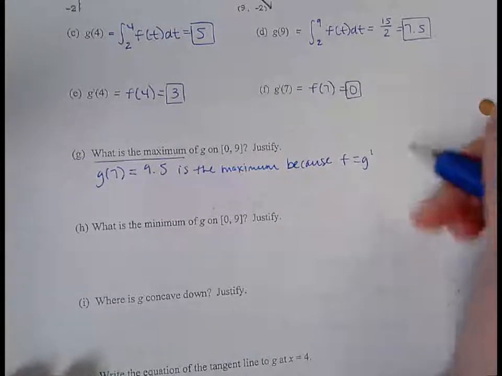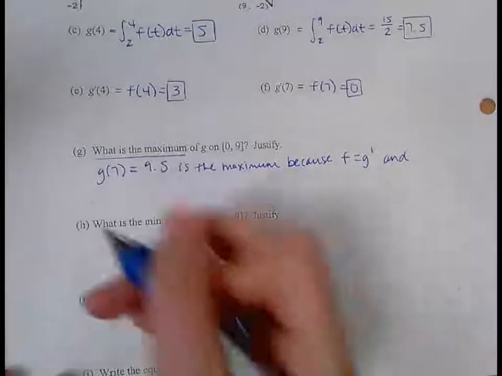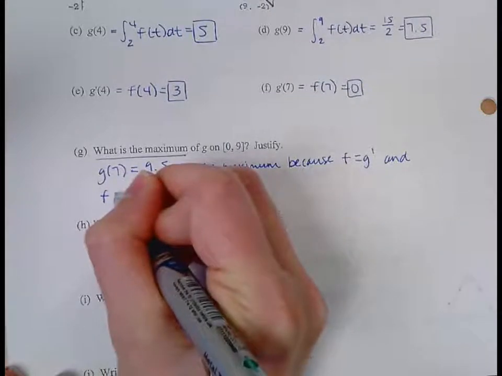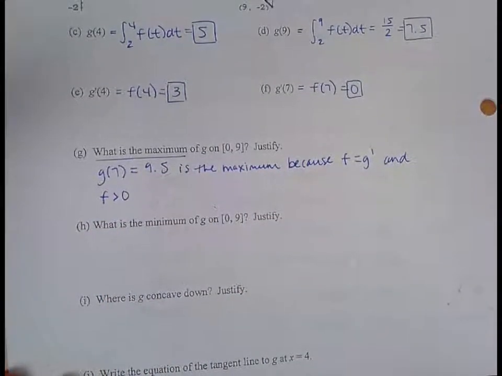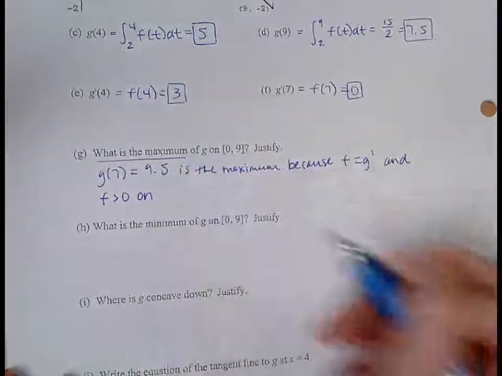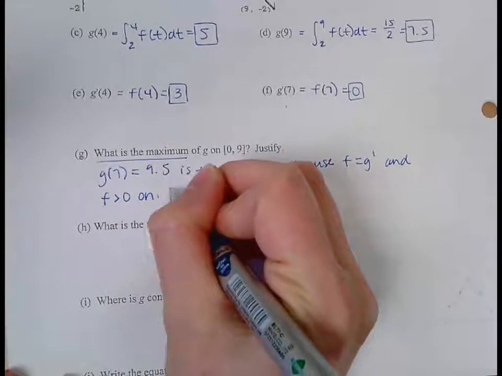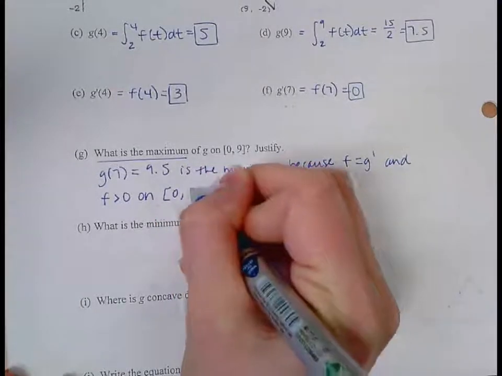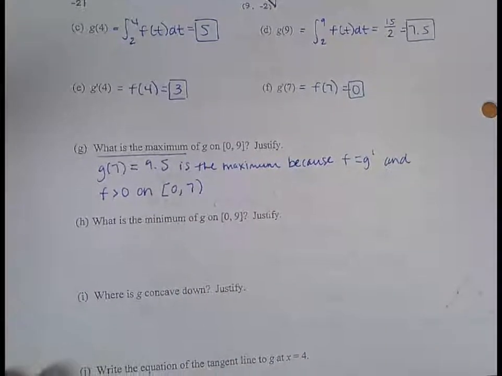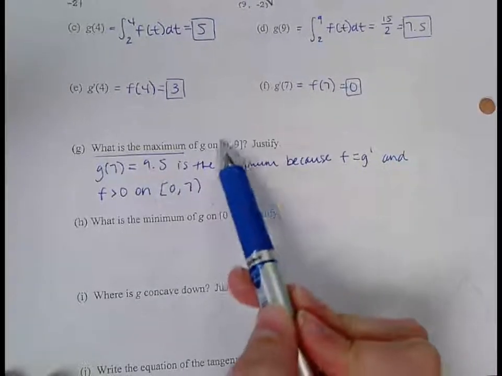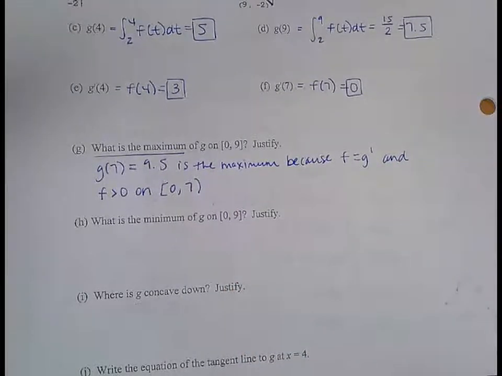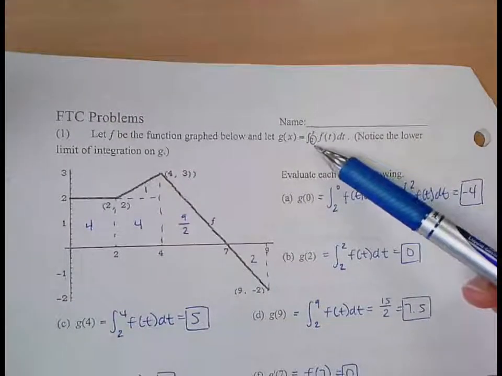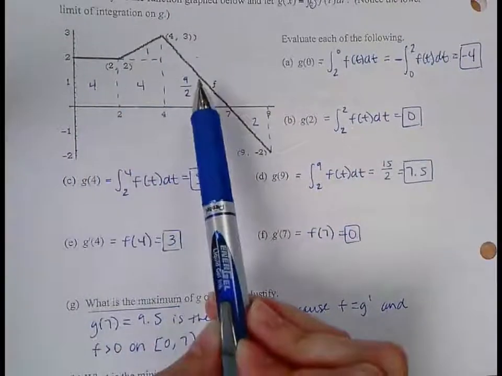So because f equals g prime, I can say f is greater than 0, so it's positive, on the interval from 0 to 7, because we're talking about the interval 0 to 9. If you're finding a value for g, though, you have to go off of how g is defined. G starts at 2. The interval they're referencing is 0 to 9. So all the way from 0 to 7, the derivative, or f, is positive.